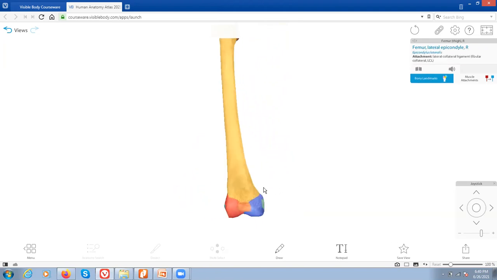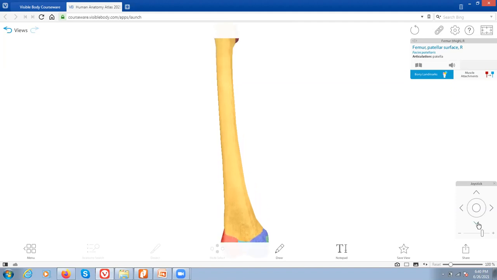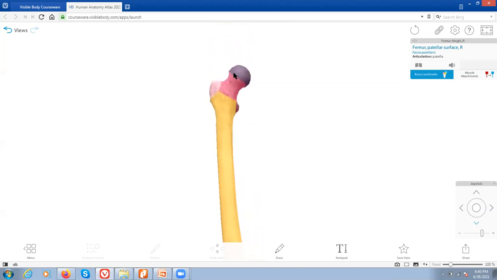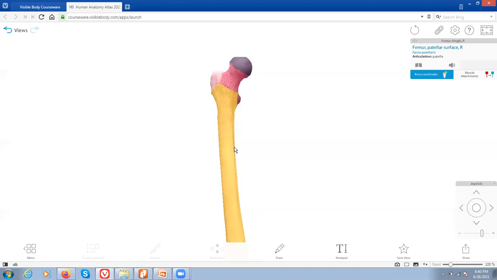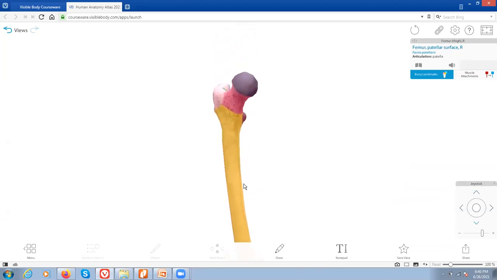Then if we switch to the front, one other feature here is the patellar surface. That's because the patella bone does exist, of course, as part of the knee joint. I think that's everything. There might be one little other portion here.